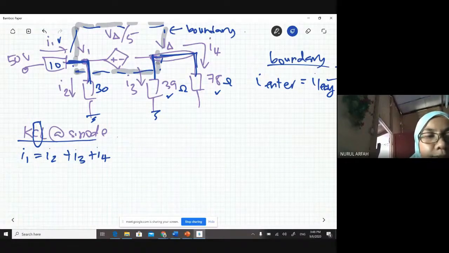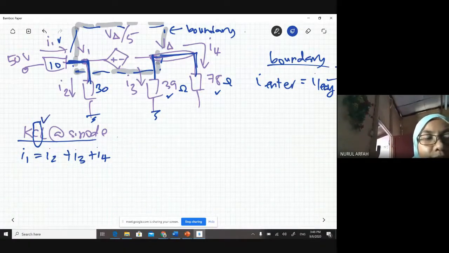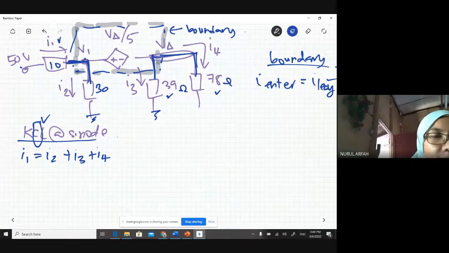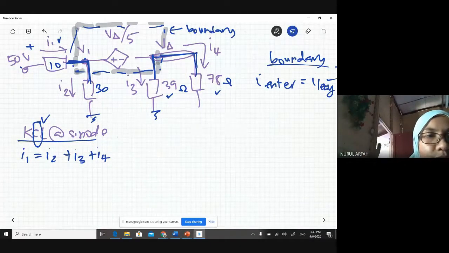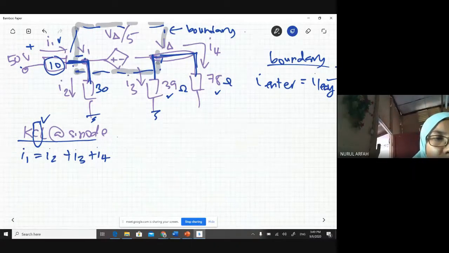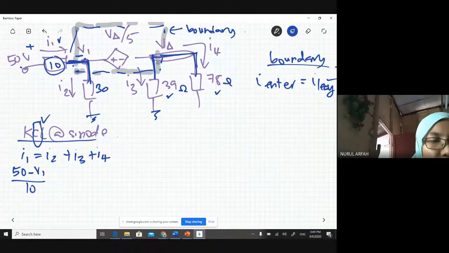So in our case here, we proceed with KCL. 50 minus V1, right? Do you remember this? You need to subtract the lower polarity from the higher polarity and then divide by the resistor value. So here we have 50 minus V1 divided by 10, equal to what is I2?